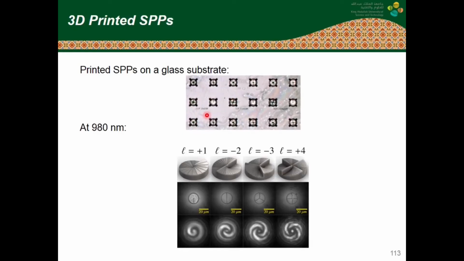Here are some tiny spiral phase plates printed on a glass substrate. Each has a radius of 20 micrometers. Each SPP allows for the generation of a single beam. Here we have a topological charge of 1 plate. We have L equal to 2, L equal to 3, and L equal to 4. The obtained interferograms observed on the CCD camera are of good quality.